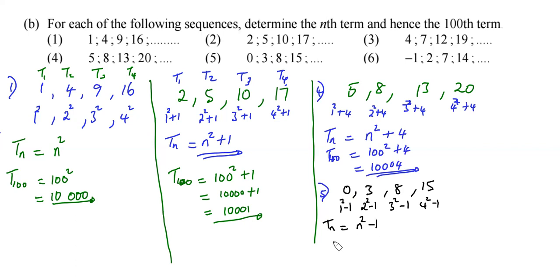If you want T100, T100 is going to be equal to 100 squared minus 1, which is 10,000 minus 1, which gives us 9,999. That becomes our value.